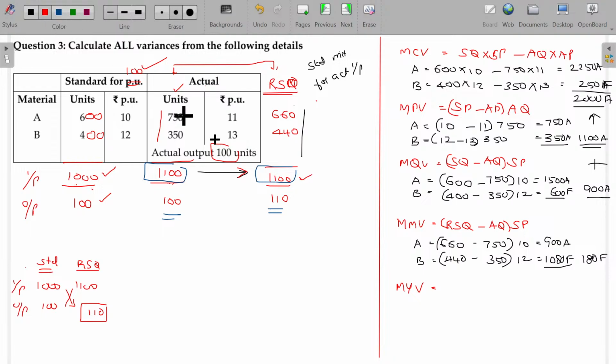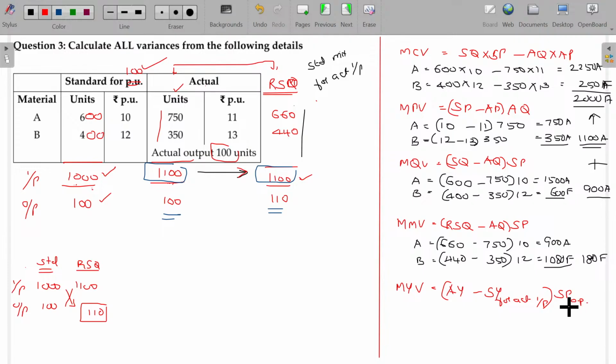The formula in this case being actual yield minus standard yield, for actual input, into standard price per unit of output will be taken. Yield means output.